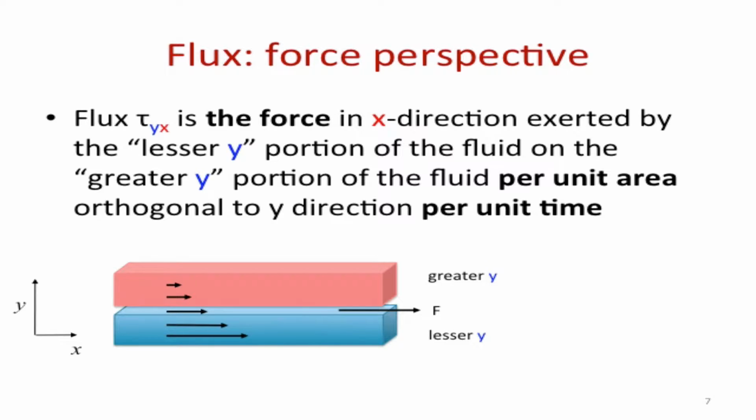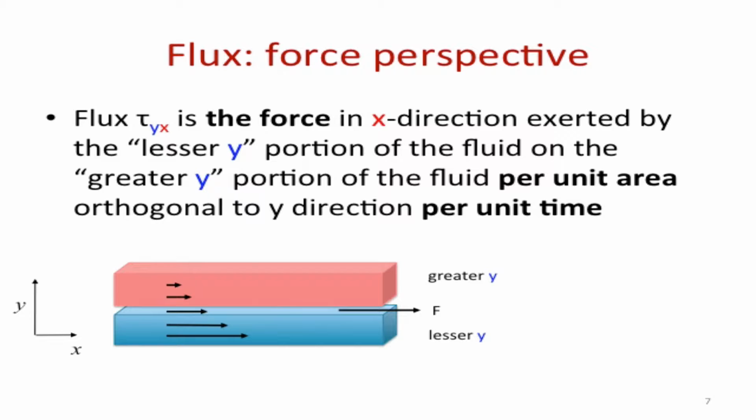Right. So this is my force perspective. My tau yx is the force in the x direction exerted by this box of fluid that I'm going to talk about as the lesser y box of fluid onto the greater y box of fluid. And we will later on introduce different coordinate systems. So in the cylindrical coordinate system, I'm going to have lesser r onto greater r.